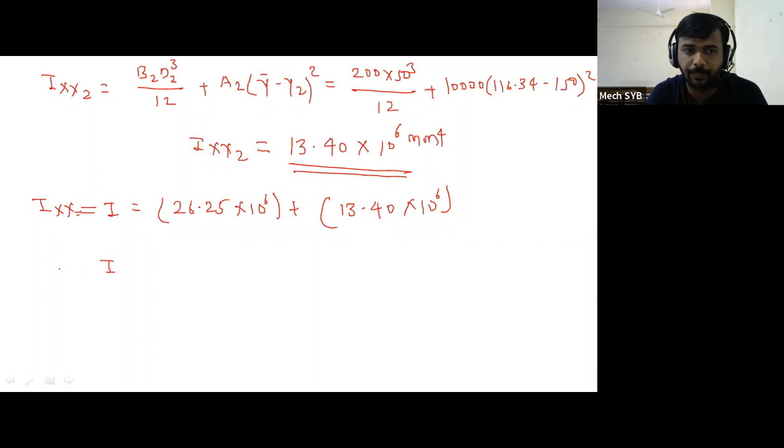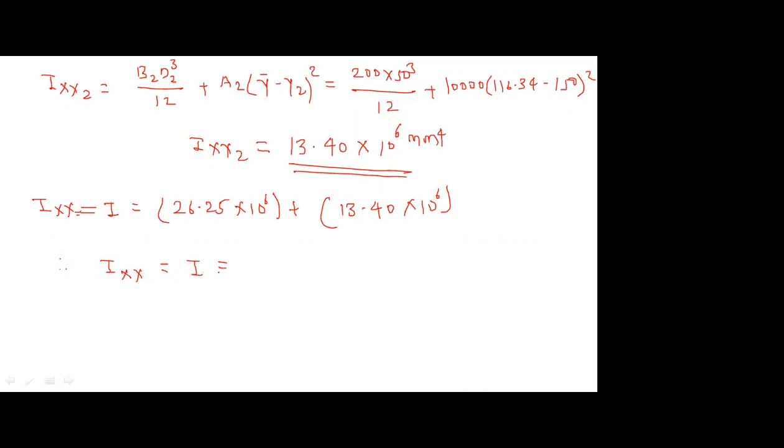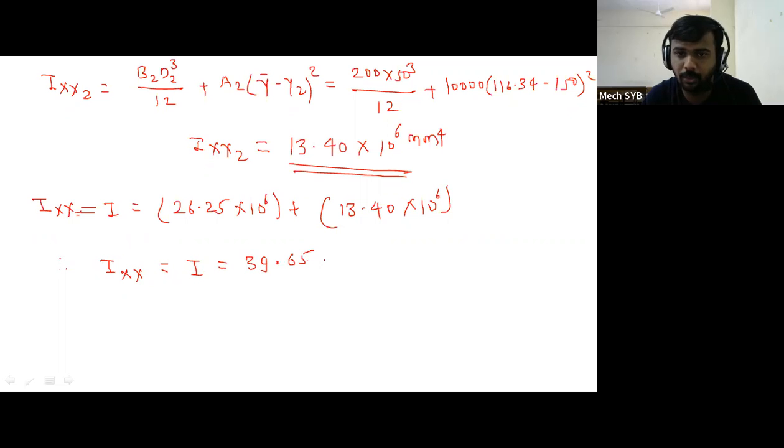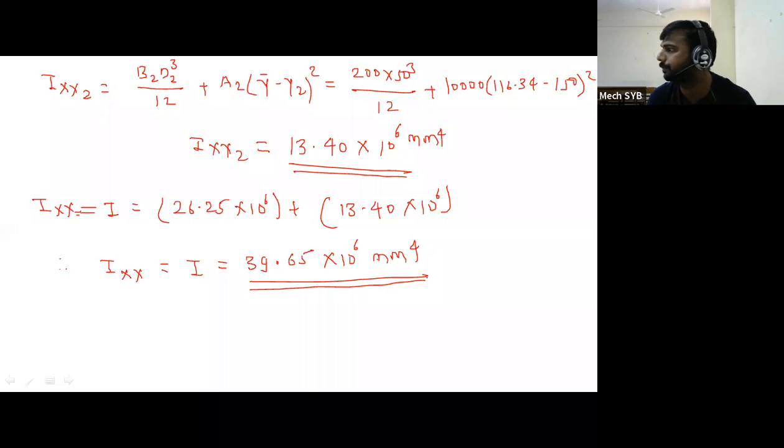So Ixx is equal to capital I is equal to what is the total moment of inertia? 39.65 into 10 raised to 6 mm raised to 4. So this is the total moment of inertia of the entire T section.